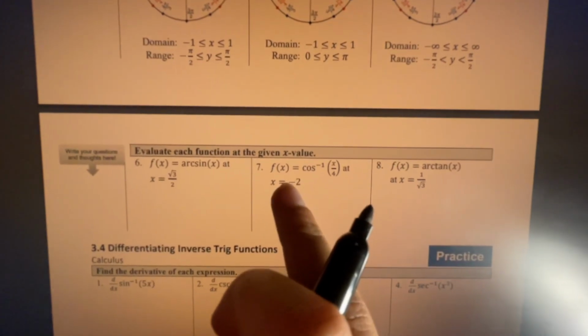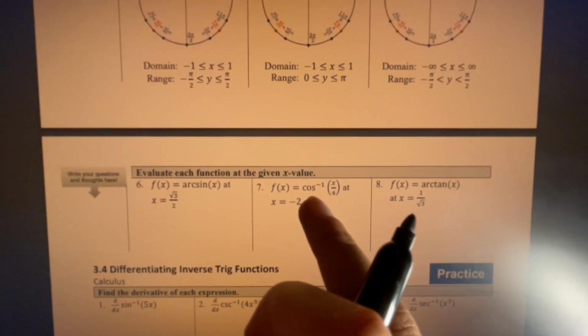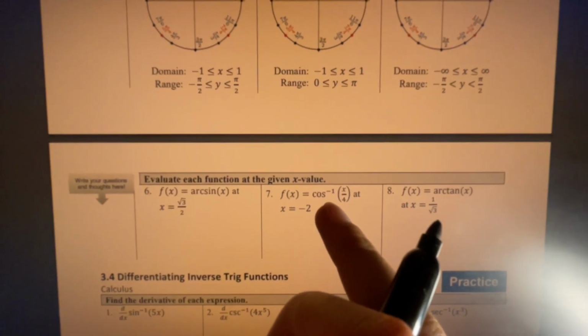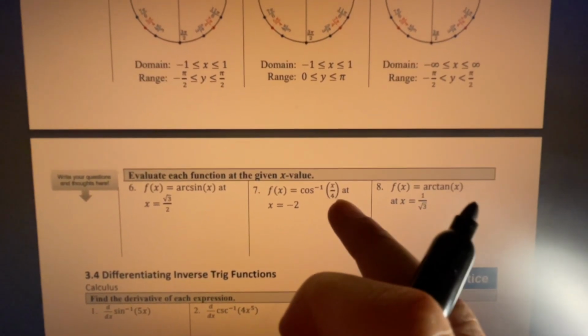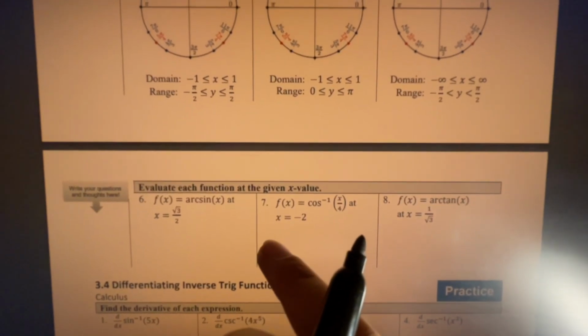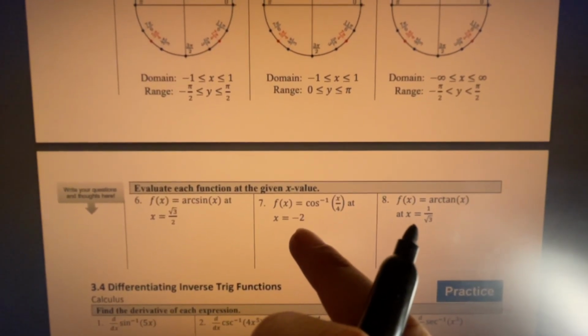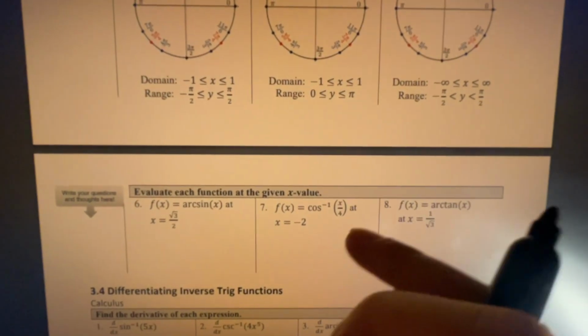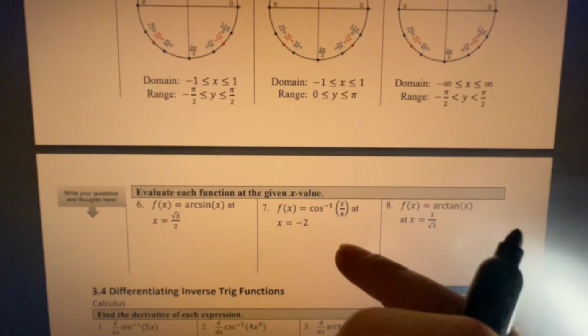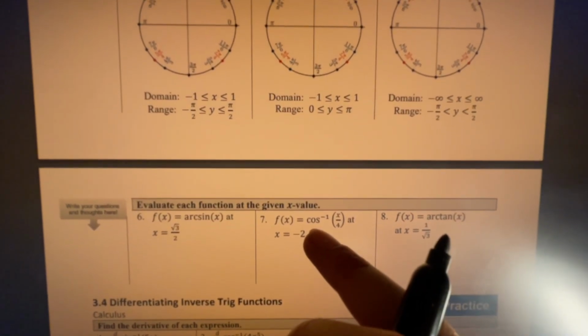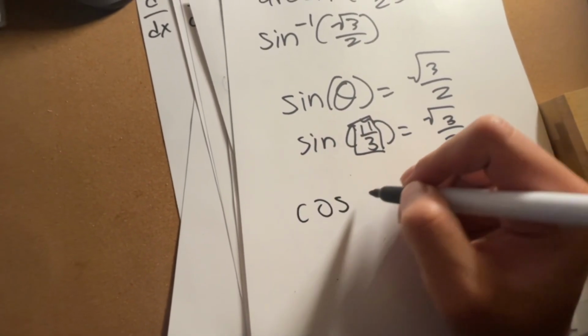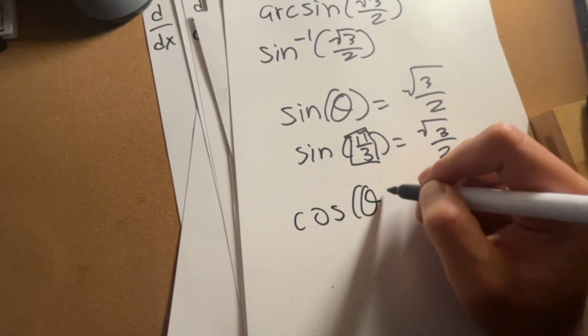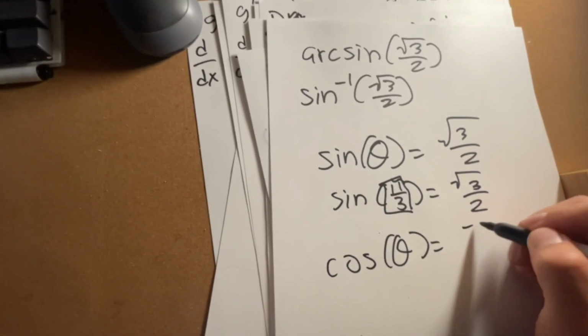Let's look at the next one. Cos inverse at x over 4, with x equal to negative 2. So let's put that negative 2 over here. Negative 2 over 4 is negative 1 over 2. So at cos, let's write it down: cos theta equals negative 1 over 2.